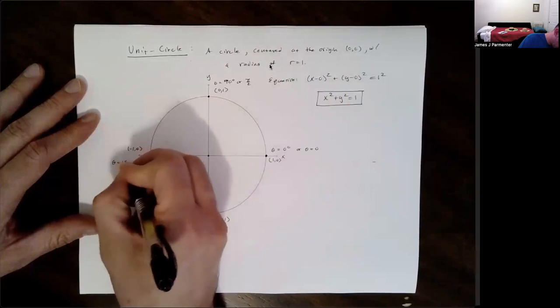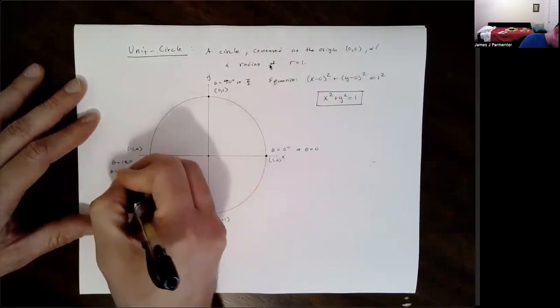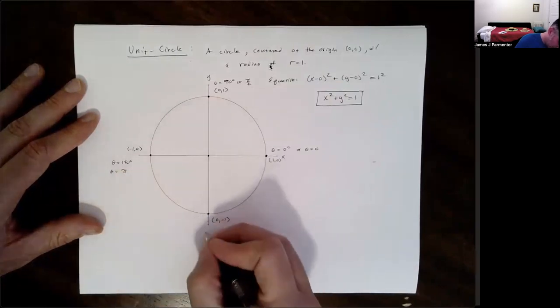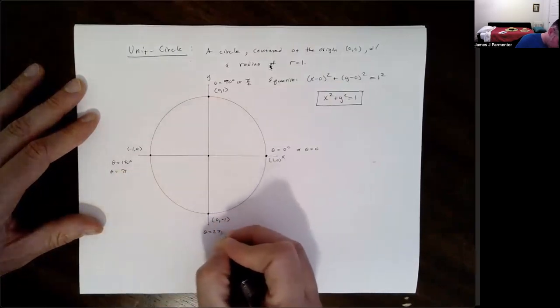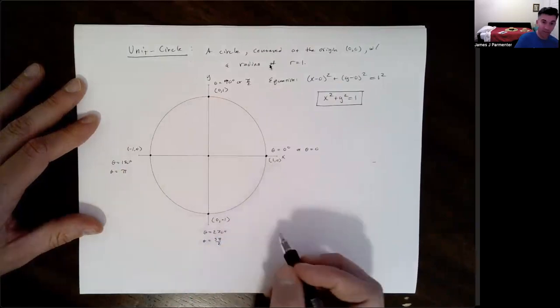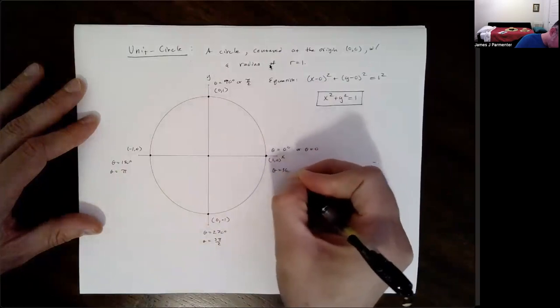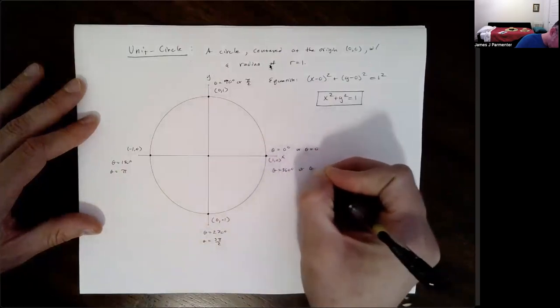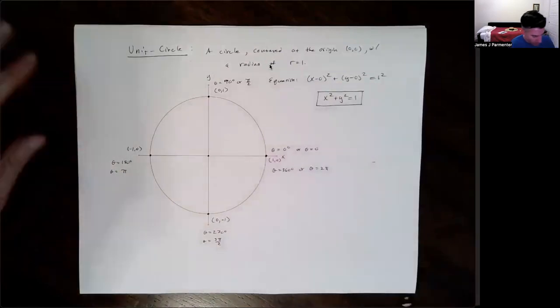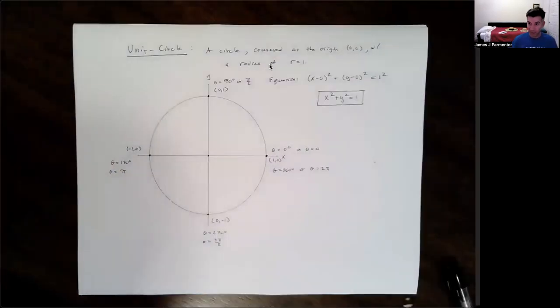It's 180 degrees or pi radians. Down here, it's 270 degrees or 3 pi over 2 radians. If you make a full revolution, you get all the way around to theta equal to 360 degrees or 2 pi radians. A couple other things to say about this. Some terminology I use, which is not standard.